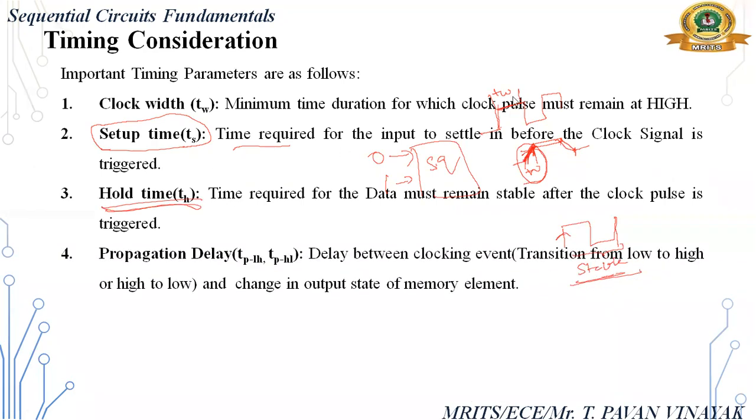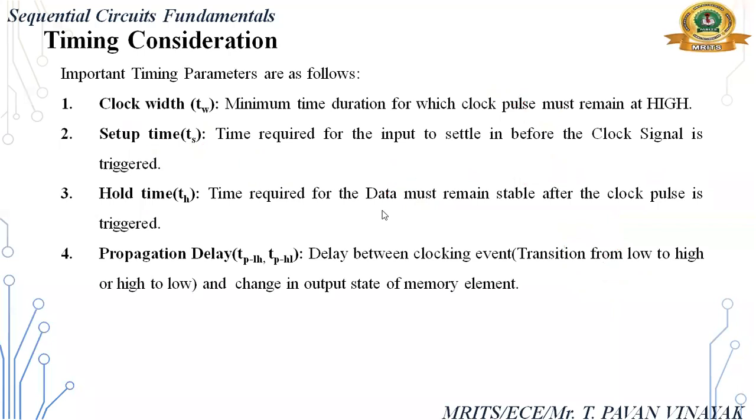Next, propagation delay. Delays, I already said in combination circuits also. So the time taken to get output, based on the clocking event, based on the input or change in output state.